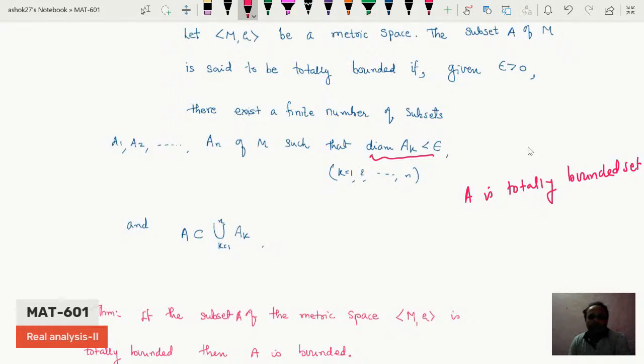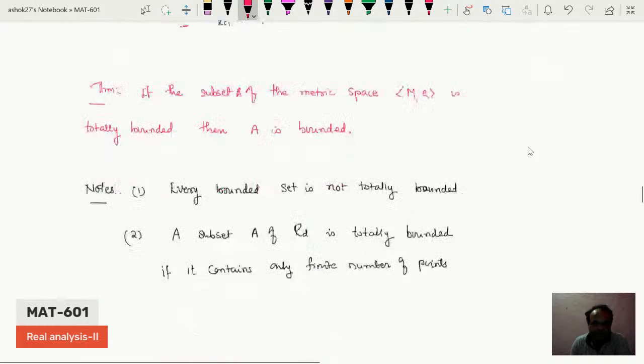For every epsilon strictly greater than 0, you should always find a finite number of subsets A1, A2 up to An of M such that the diameter of each set is strictly less than epsilon and their union contains A. Meaning A is contained in the union of these n sets. In that case, we'll say A is a totally bounded set.